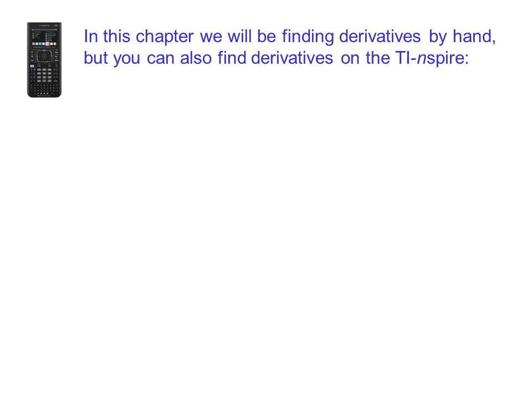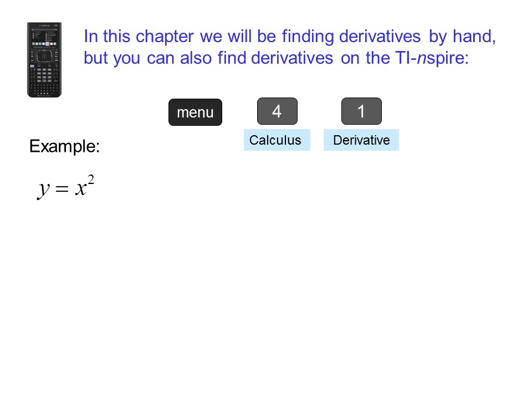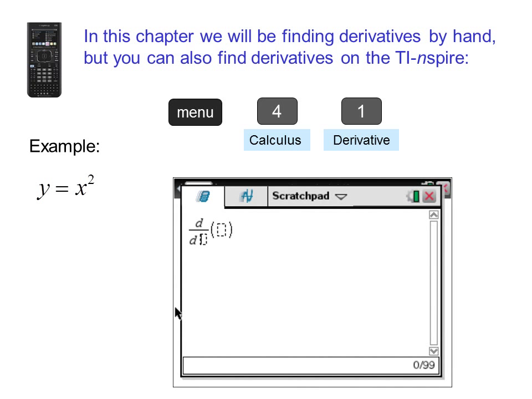In this chapter, we will be finding derivatives by hand, but you can also find derivatives on the TI-Nspire. For example, to find the derivative of y equals x squared, you can press Menu, 4, Calculus, 1, Derivative, and the derivative template appears. Enter the variable of differentiation and the function.